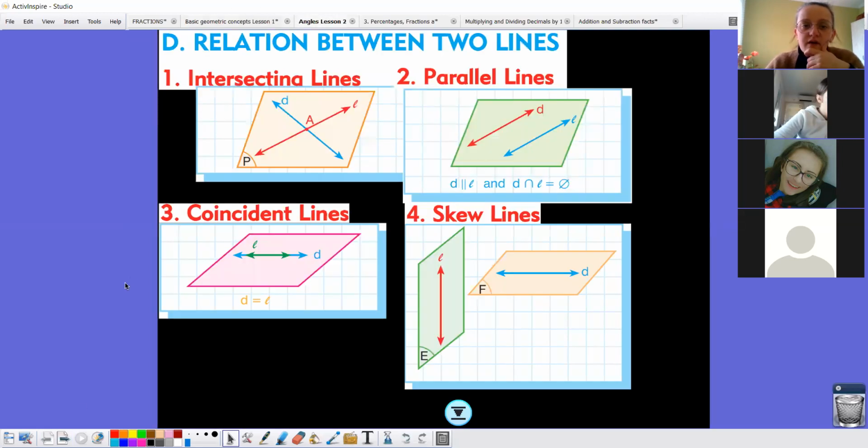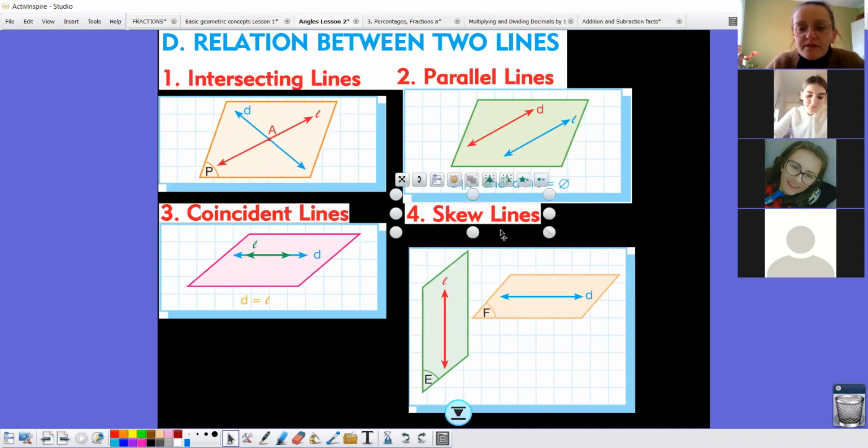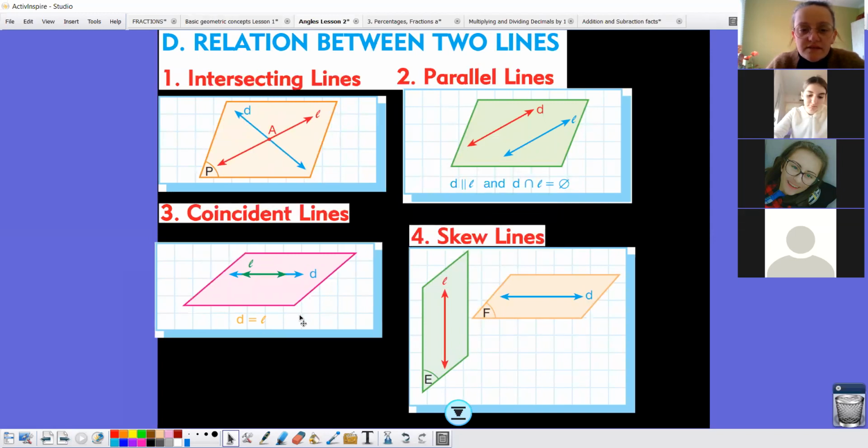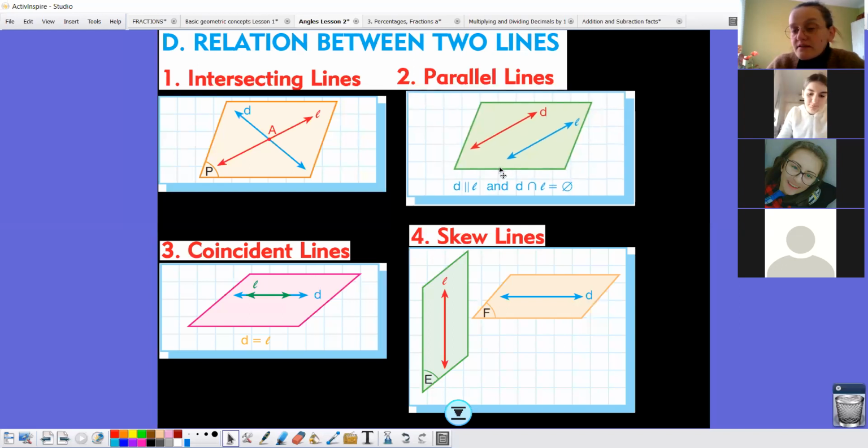Now here we have the second one, relation between two lines, the first part of this one. We have intersecting lines. Do you remember intersection from the sets? If they had common elements, we call it the intersection part, yes?